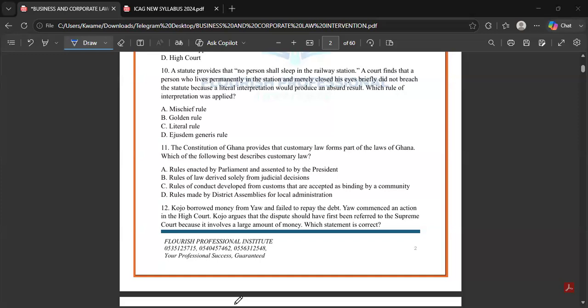We've earlier said that mischief rule deals with interpreting the law based on the reason for which the law was put in place. Both golden rule and mischief rule modify the literal rule. We've already said that literal rule means that you take the law as it is, you apply it raw.